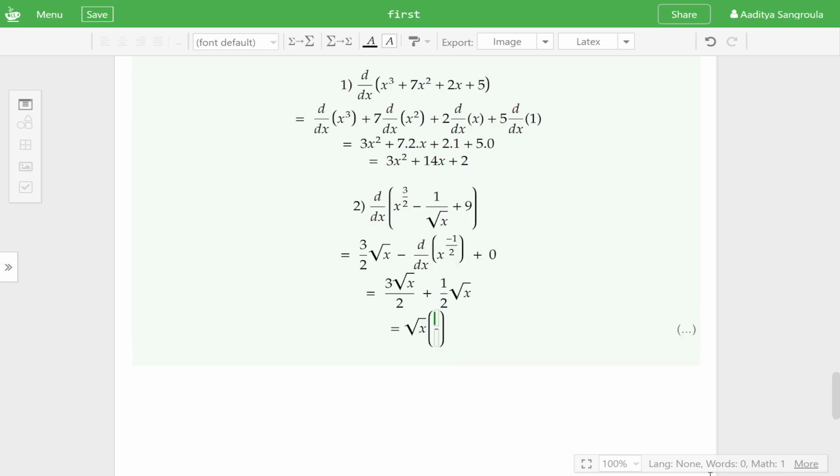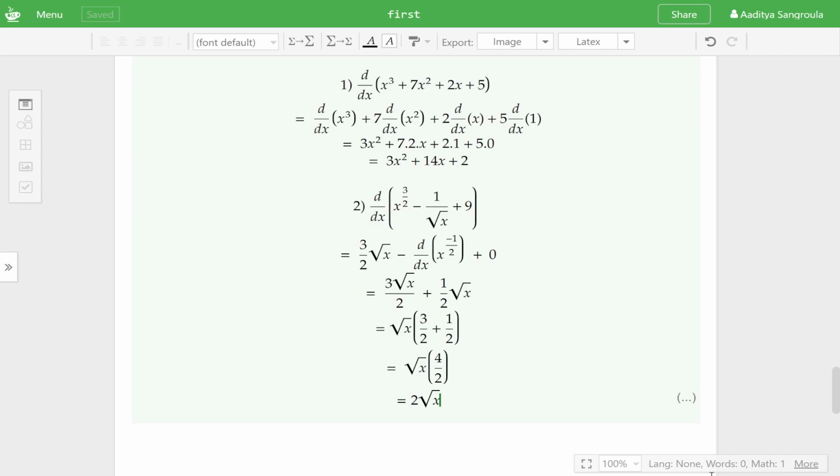This is going to be 3 over 2 plus 1 over 2, equal to square root of x times 3 plus 1 over 2, which is 4 over 2, that's 2 square root of x. So this is the derivative of the function, right?